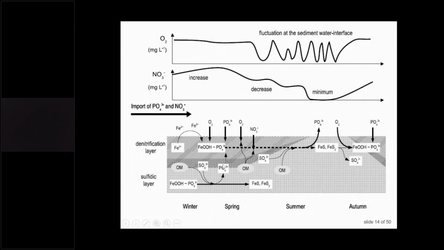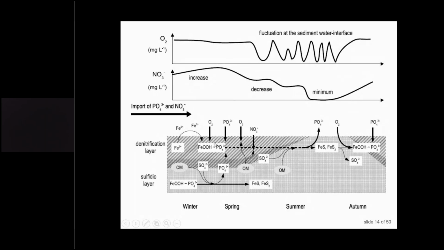Now, as we go deeper, we start getting reduction of this FeOH, and the Fe2 then combines with sulfur to form some iron sulfide precipitates. Any phosphate that is liberated in this reduction and precipitation process is going to hit this iron oxide barrier and be sorbed.